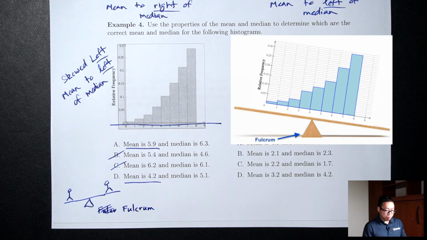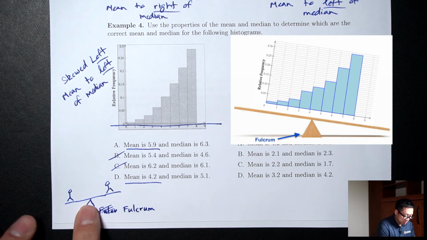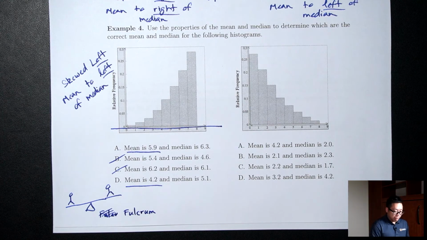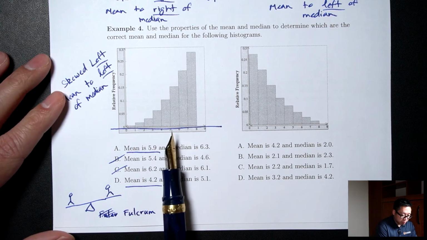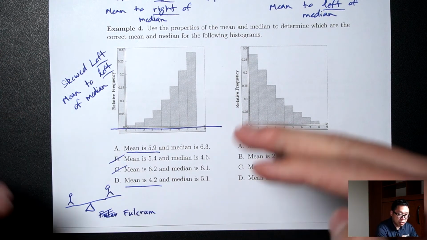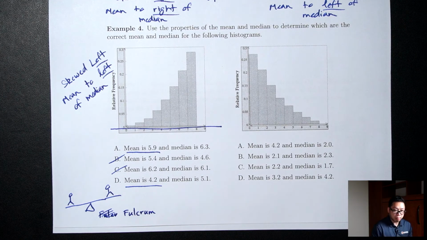I hope that's how you spell fulcrum. But this thing, that's the fulcrum. The mean is where you should put the fulcrum so that this plank of wood, this bar, is balanced. Okay? Now, the way I have it set up, one of these will definitely not balance. Eliminate that one, and whatever's left is the answer.